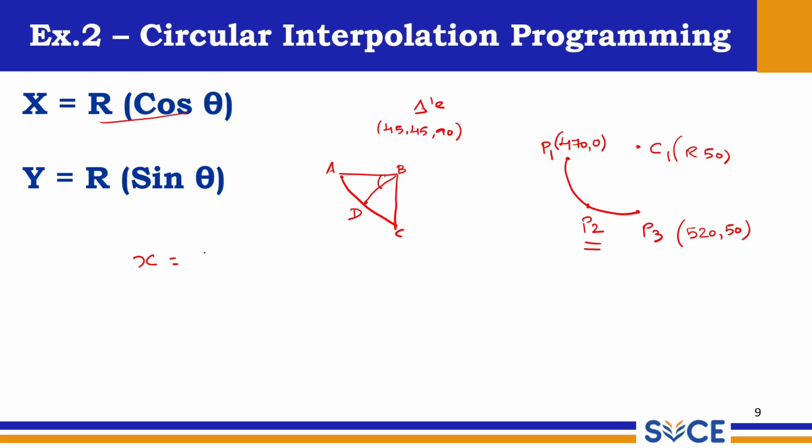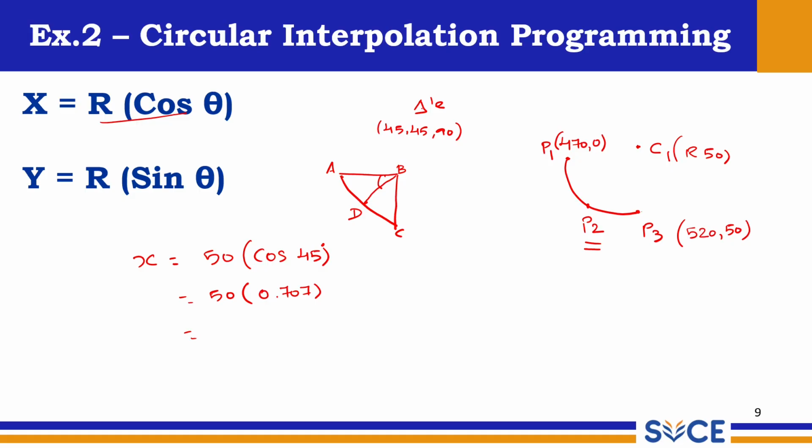So that is r cos theta, the radius is 50 and the cos theta value is for 45 degrees. So here 50 into cos 45, the value is 0.707, right? So 0.707 into 50. When you just multiply, what will be the value?